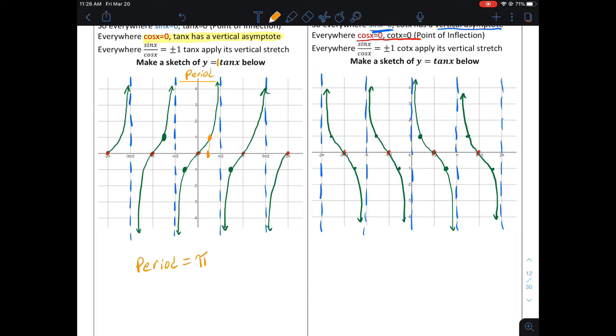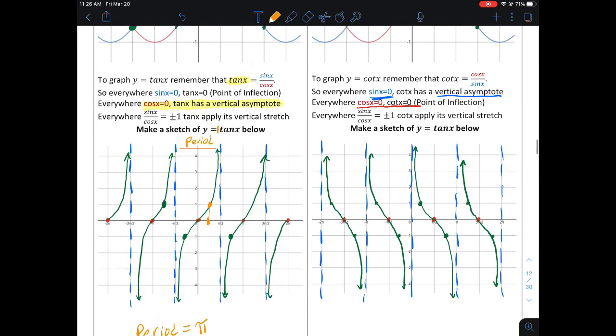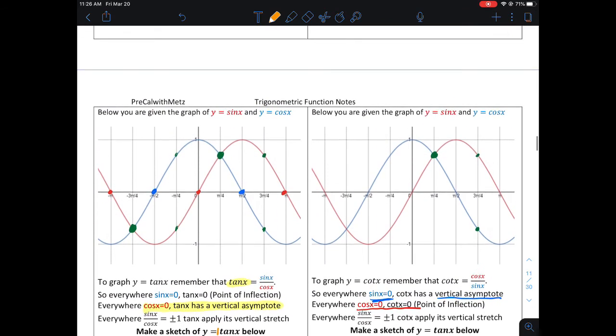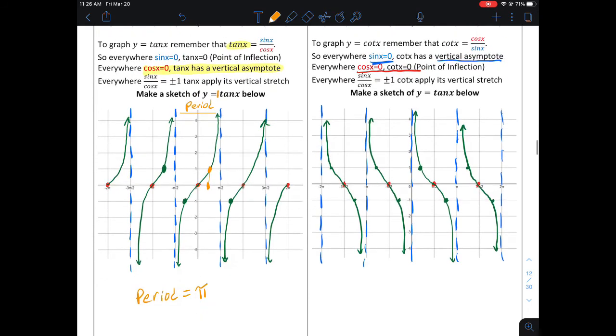And so that's going to help me get those other points. And the same thing, and I have a typo here. Why did it say tangent? It's supposed to graph cotangent. All right, so that needs to be cotangent x. So cotangent has a period also of pi radians.